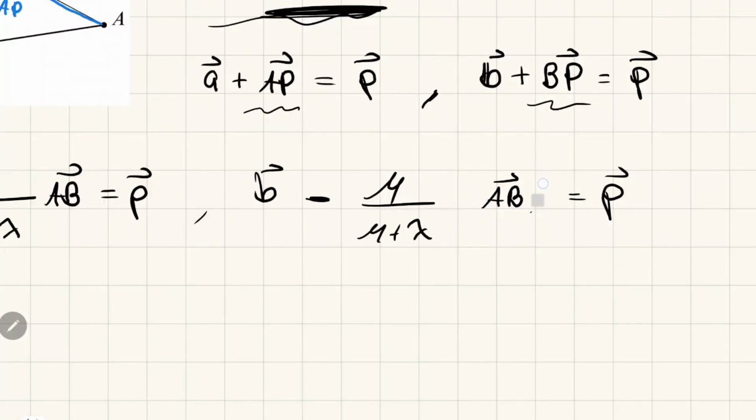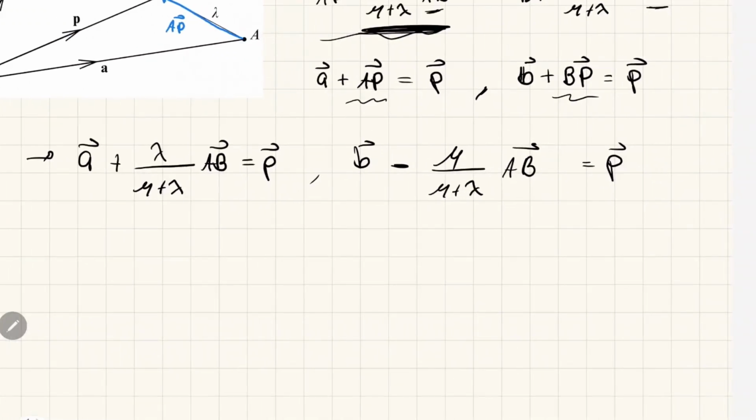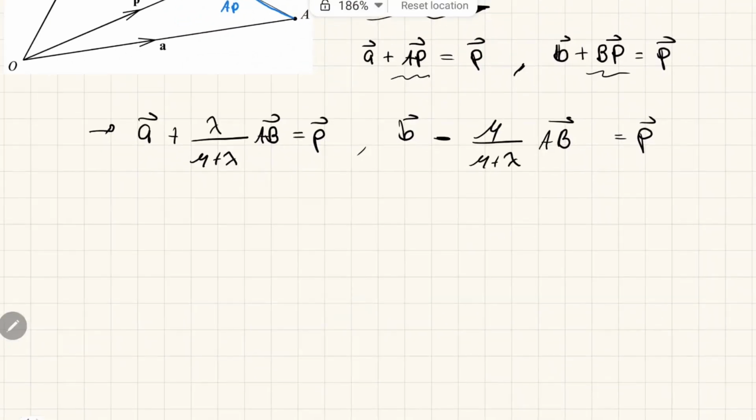As you can see, we have two equations. It will be good to solve the first equation for AB, and then substitute that result into the second, so that we get an equation that only relates P, A, and B.